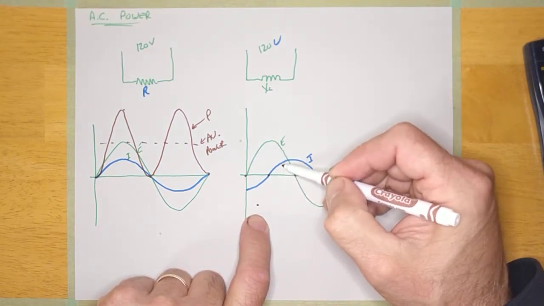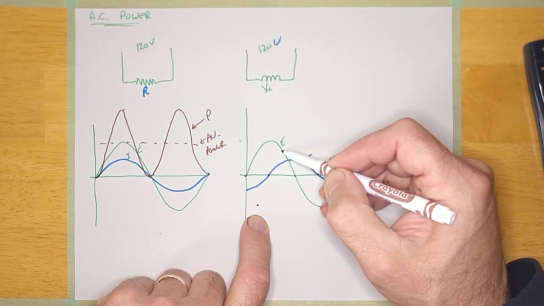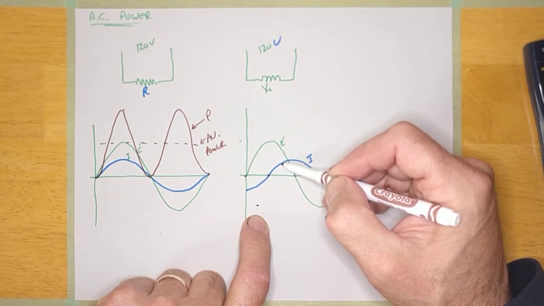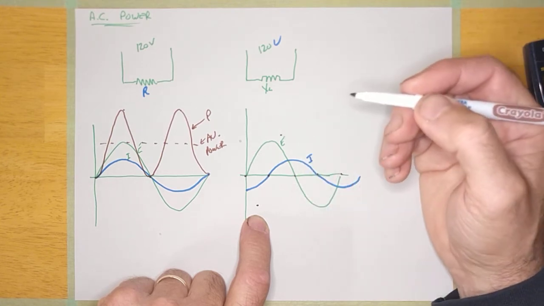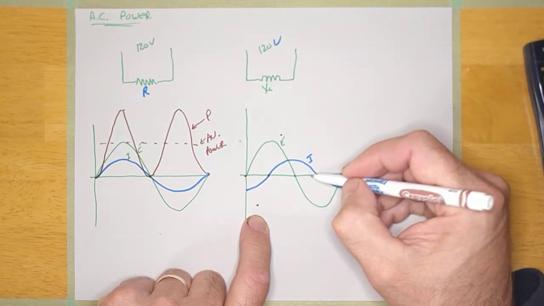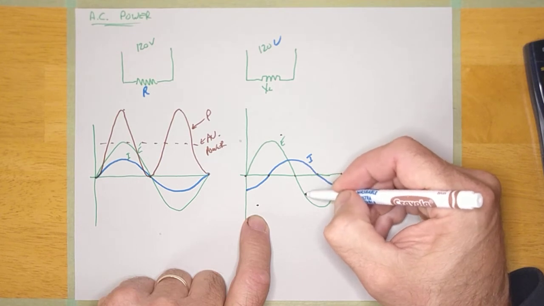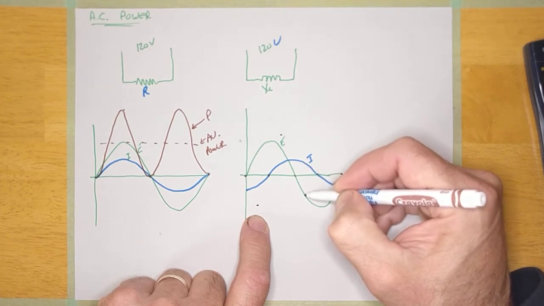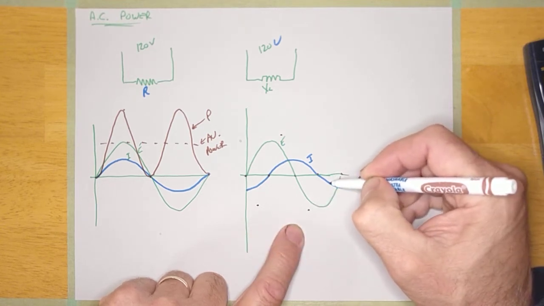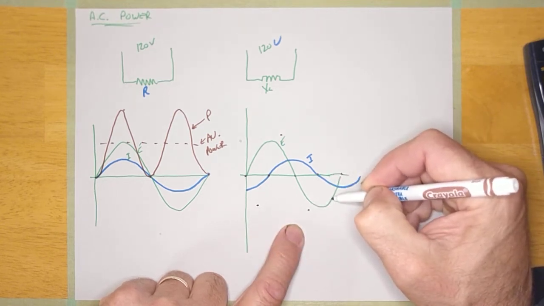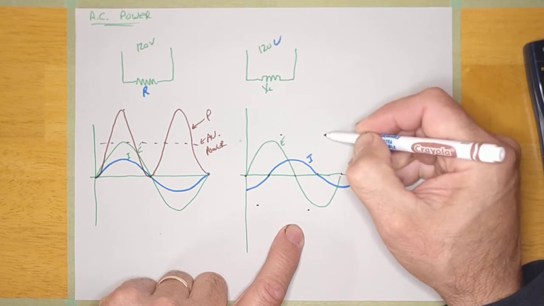Between these two, I've got a current that's positive, a voltage that's positive. Neither one of them is peaking, but I'm going to multiply them together, get something like that. If I look here, positive current, negative voltage. Positive times a negative is negative. All right, and right here, negative and negative. Neither are peaking, but two negatives multiplied together is a positive.